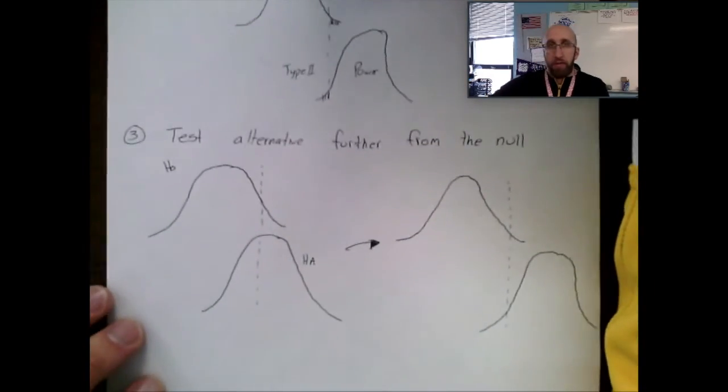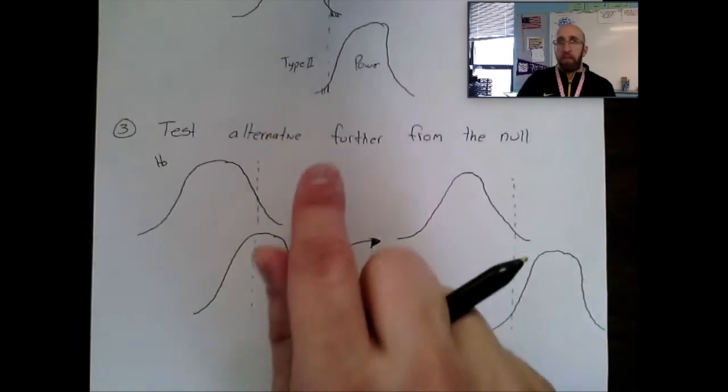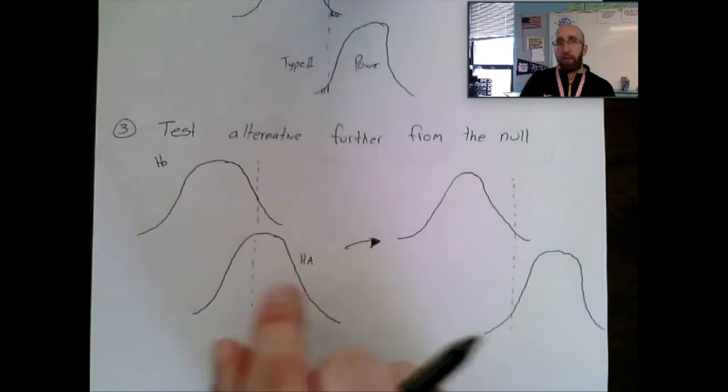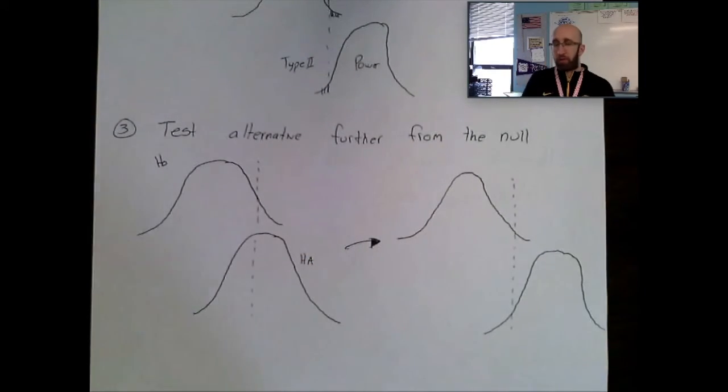The third way you can affect power is test an alternative further from the null. And I did two kind of quick sketches here of that idea. If you would test an alternative hypothesis, so this is my null, this is my alternative. If you test a null hypothesis and alternative hypothesis that are really, really close to each other, there's going to be a ton of overlap.